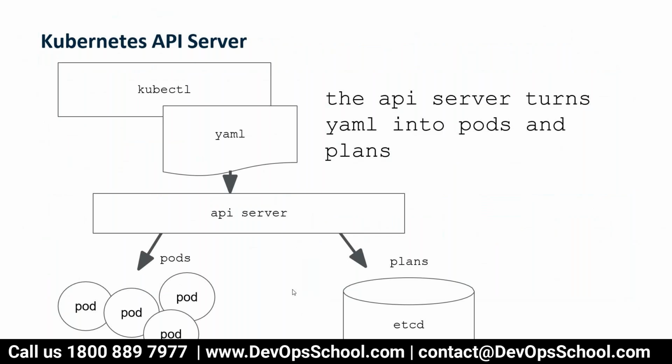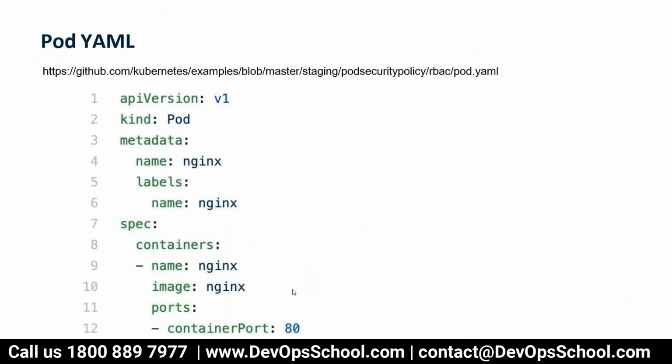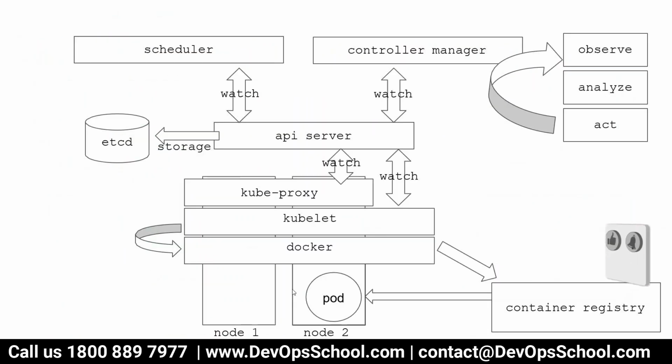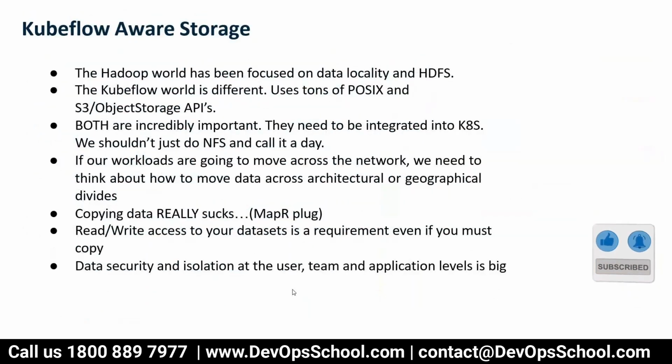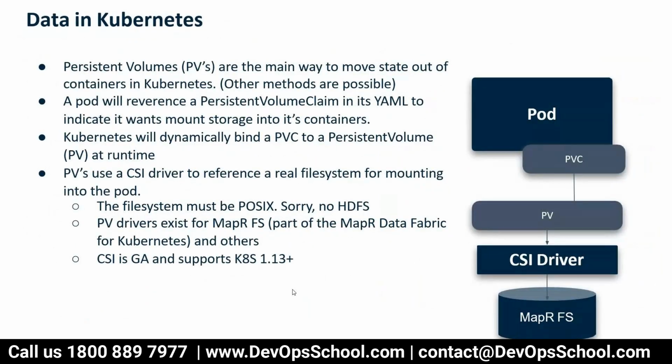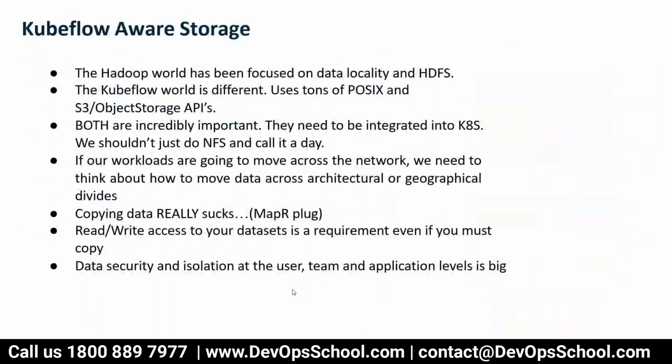Now I'm just skipping the Kubernetes related discussions. So how do we manage persistent storage in Kubernetes? We know PVs, PVCs and all, so that is there. Now Kubeflow aware storage. The Hadoop world has been focused on data locality and HDFS.